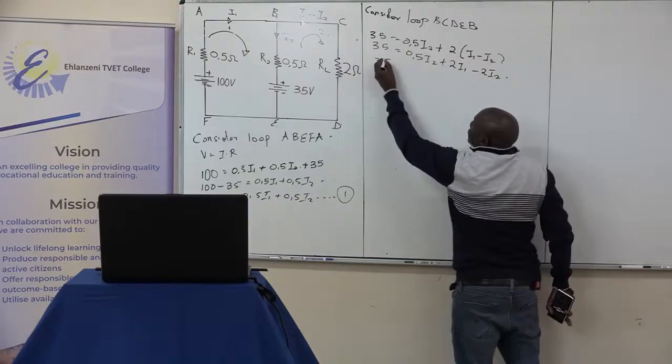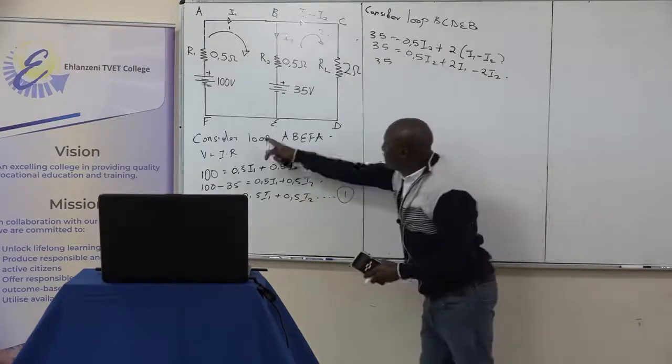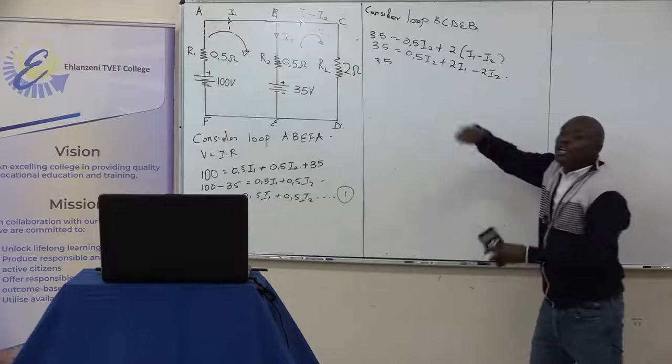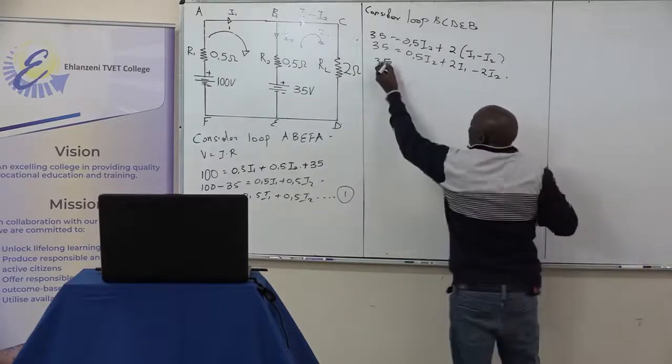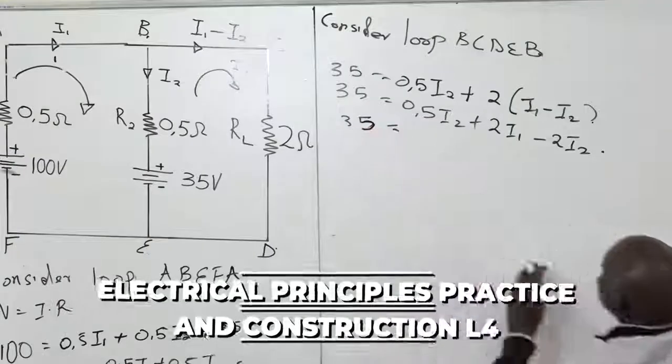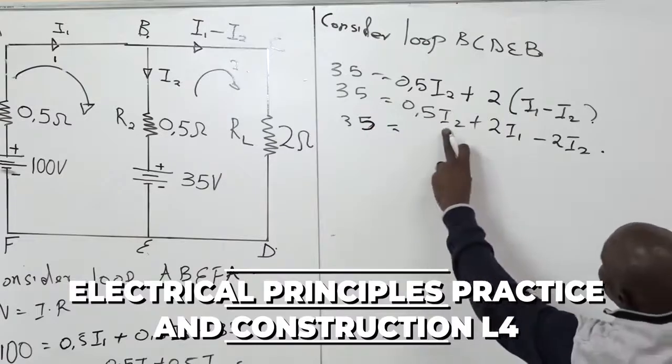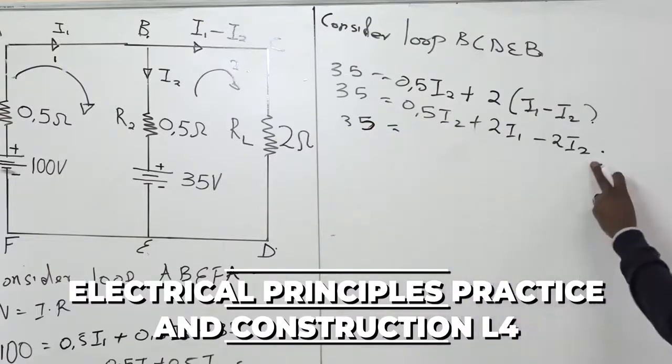From the previous loop that we did, we've been told that we need to group the like terms together. So now let's look where the like terms are. I'm having the I2 and I2.